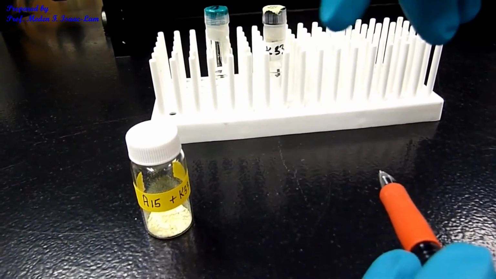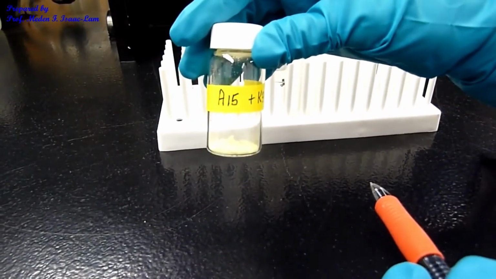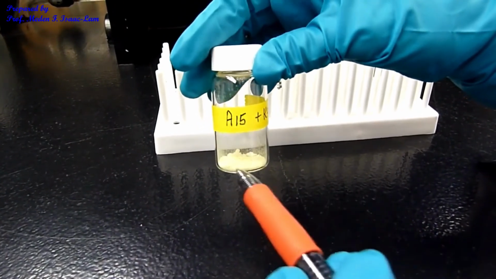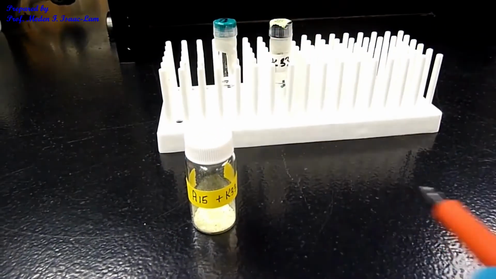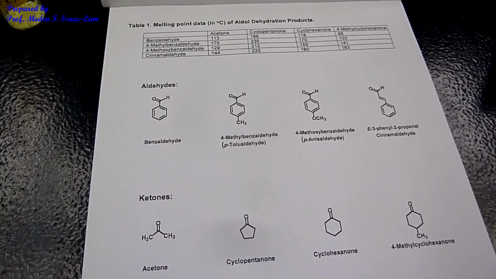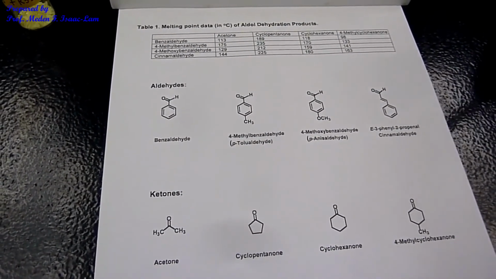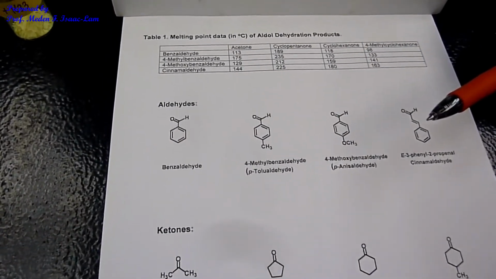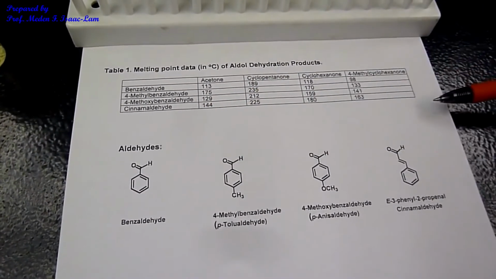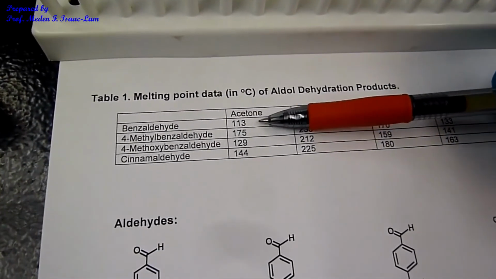So then we had a melting point determination, and the melting point of the condensation product from the aldol reaction is 113 degrees C. So based on our melting point data, for the example that I showed, the melting point was 113 degrees C. So therefore, in the table that I put in the handout, it's going to be this data, 113.